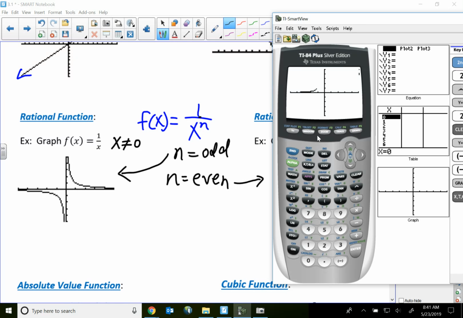And this is what it looked like. This is actually the window that I set earlier. If you ever want to go back to the standard window, press the word zoom and choose number 6, which goes back to the standard window from -10 to 10. But this is a good picture I can use, so I'm going to use it for right now.